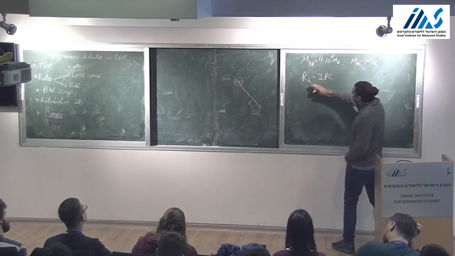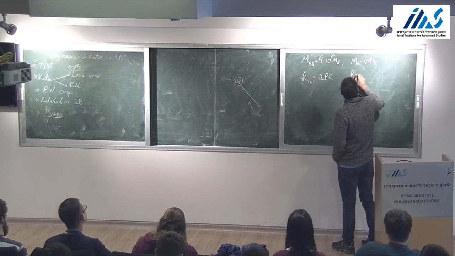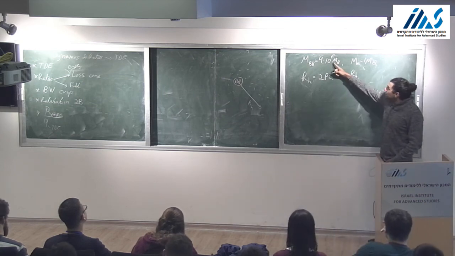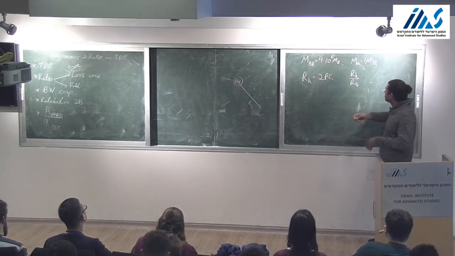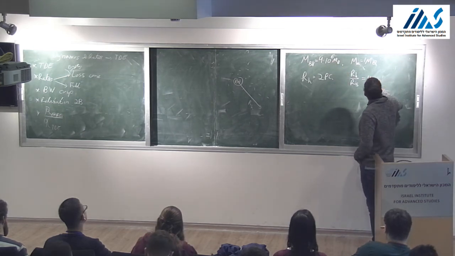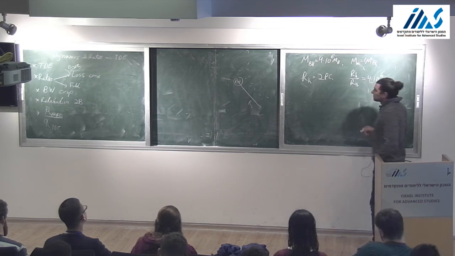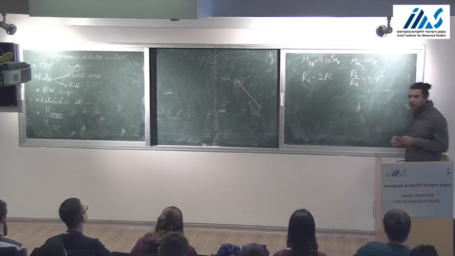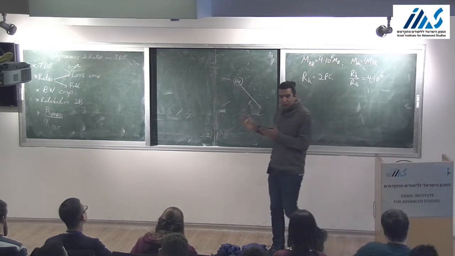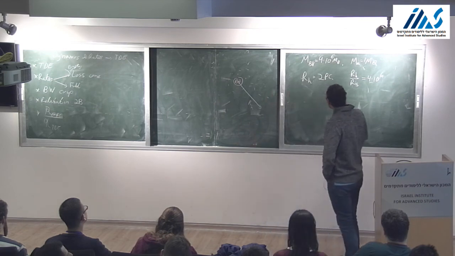But also accidentally, the ratio of the radius of influence to the Schwarzschild radius of the black hole of this mass in our galactic center is also 4 times 10 to the 6. Just an accident. So there are two 4 millions in this problem by accident. Okay.